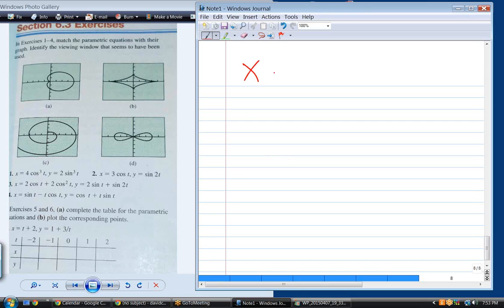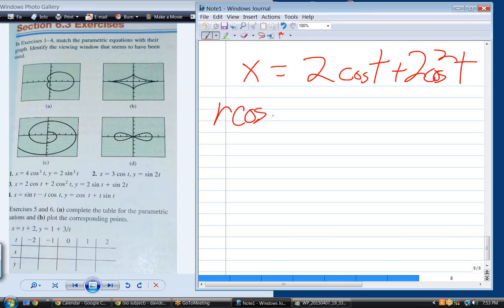We got x equals 2 cosine of t plus 2 cosine squared of t. And since x is r cosine of t, I'm going to convert this to polar first of all.